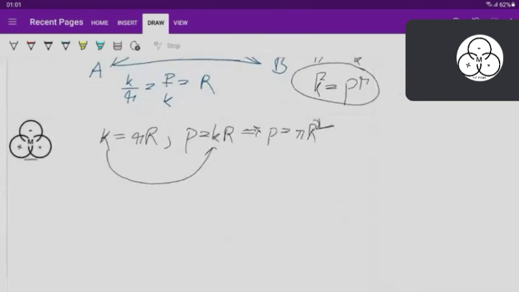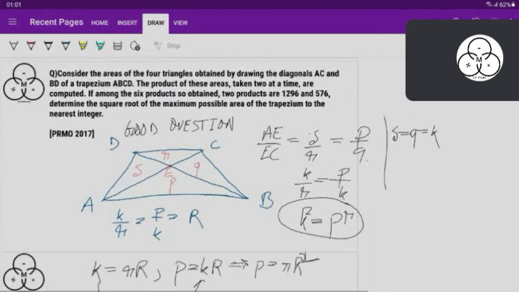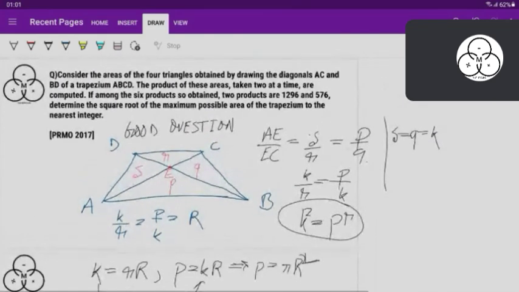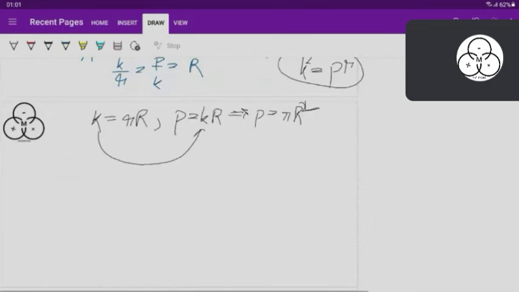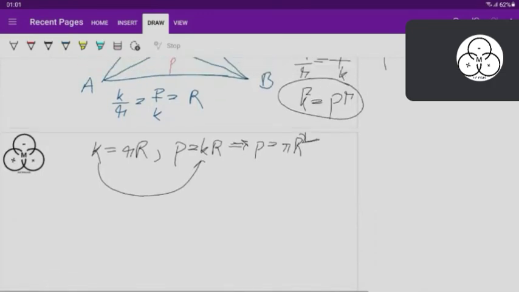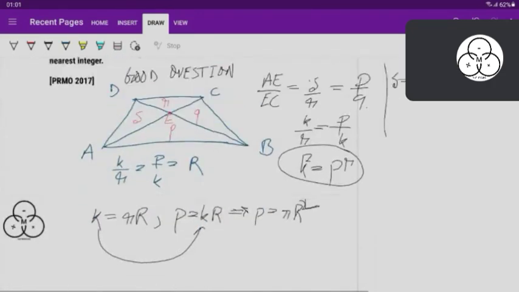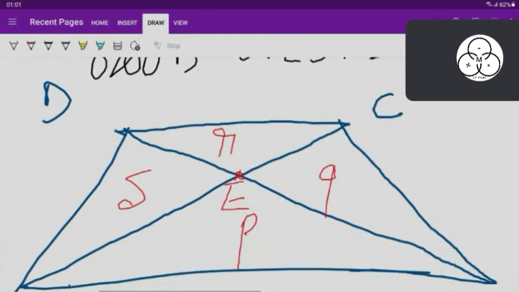And this is the theme which removes the number of cases and makes us bound to assume that the smallest areas are taken together at a time.